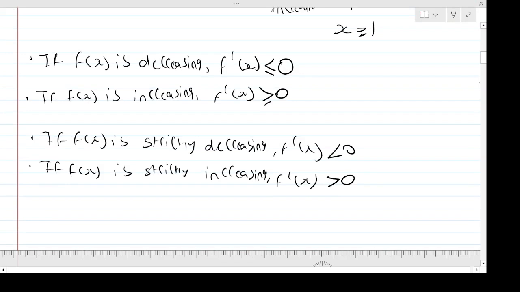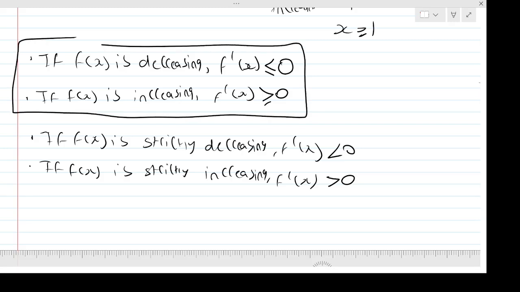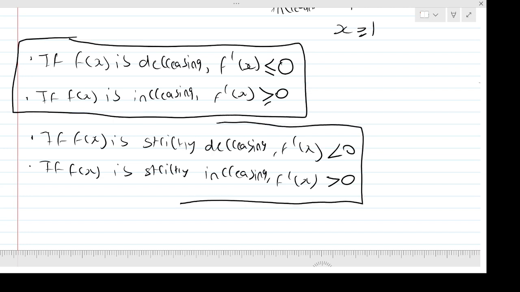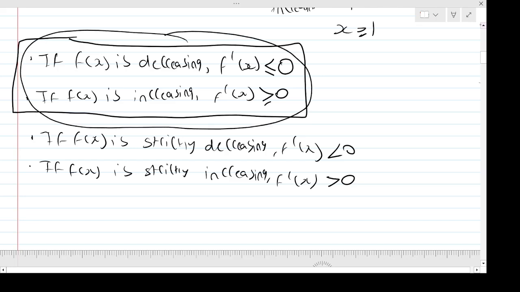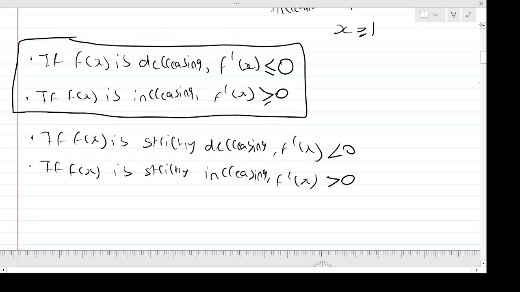So that's what we're going to work with, mainly these two statements. From what I've seen, they're not overly fussed, at least at A level, about the preciseness of the inequality. So you're mostly expected to know this, but I thought I'd give a bit more detail about strictly decreasing and so on.